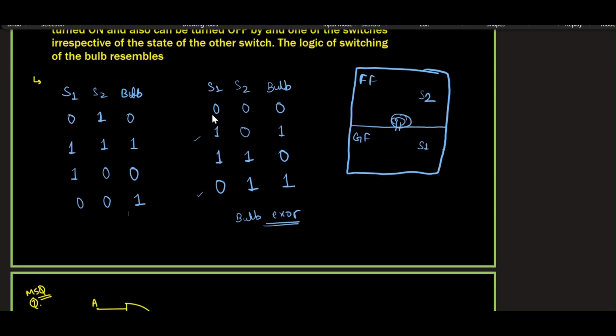So if the initial condition was 0 0, you will be getting the bulb following the XOR operation. And if either of the switches was in the on condition and the bulb was not glowing, in this case too the bulb will follow the XOR operation.